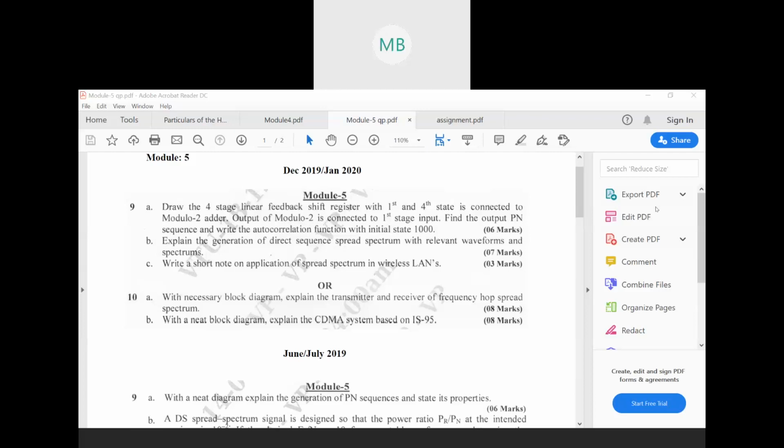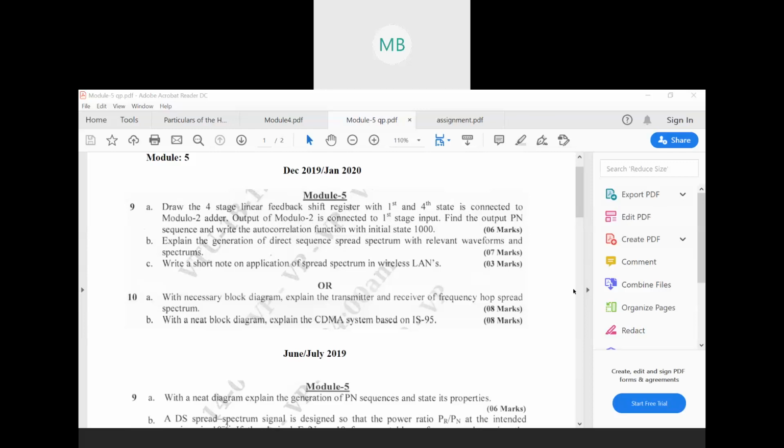Then we are modulating it. Your data sequence is spread in the beginning using PN code, and then in the second stage, modulation is carried out. Whereas in frequency hop spread spectrum, in the first stage, we have FSK modulation, and in the second stage, we are changing the carrier frequency using output of the frequency synthesizer circuit, right? Frequency of data modulated carrier is changed in a pseudo random manner. That's how we define it.